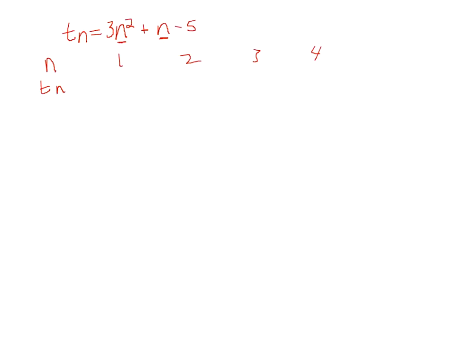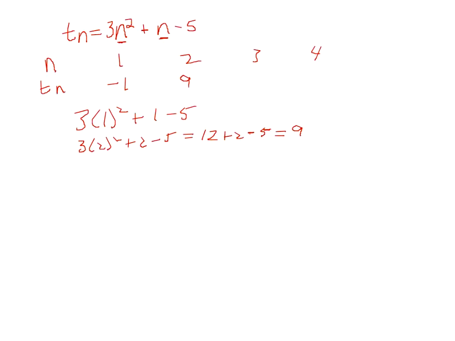Tn, to find that, I'm going to plug in the n value in all these spots. So the first one here is going to be 3 times 1 squared plus 1 minus 5. So what I have here is 1 squared is 1, times 3 is 3, plus 1 is 4, minus 5 is negative 1. That would be the first term. When I plug in n equals 2, I get this equation. 2 squared is 4, times 3 is 12, plus 2 is 14, minus 5 gives you 9.